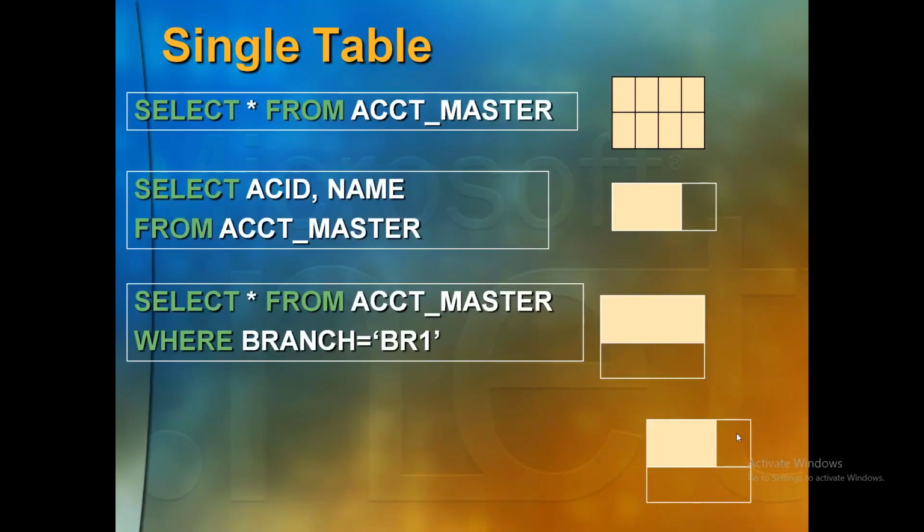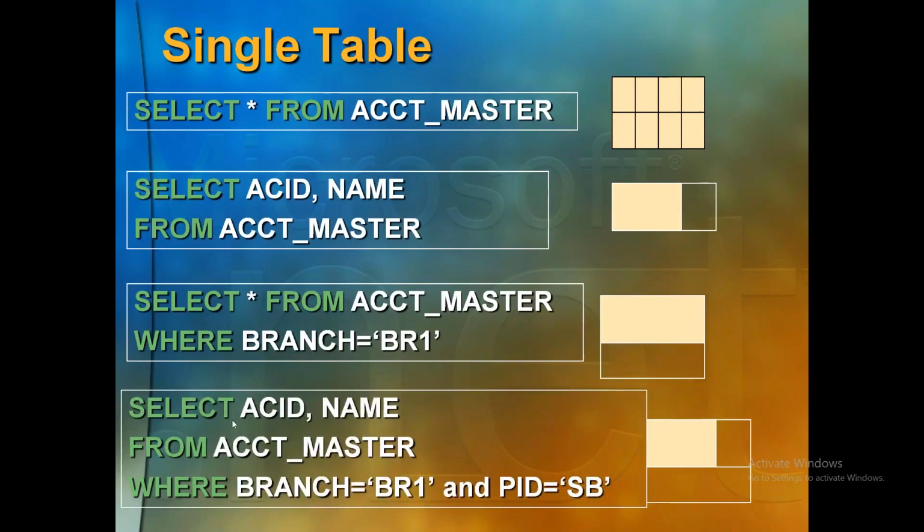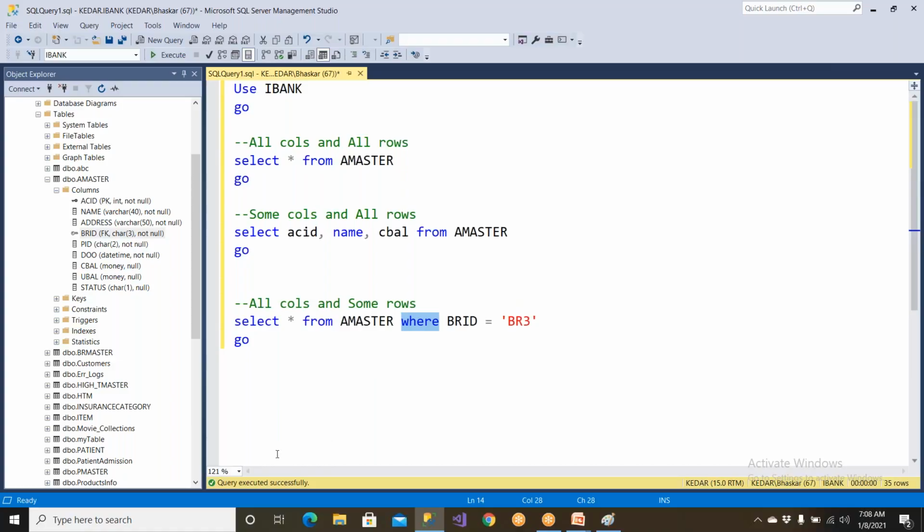The last condition is that I wanted to filter columns as well as rows. You can write any condition. Select account ID, name from the account master table where branch equals to something. You can write multiple conditions here.